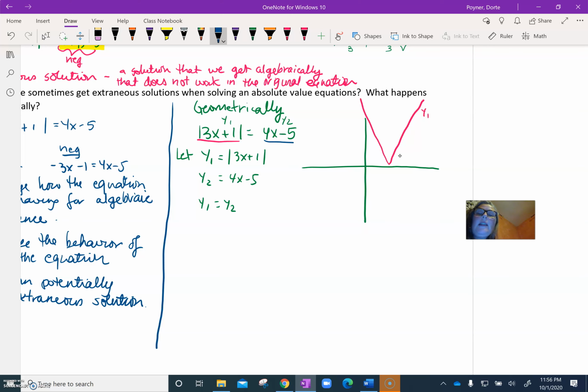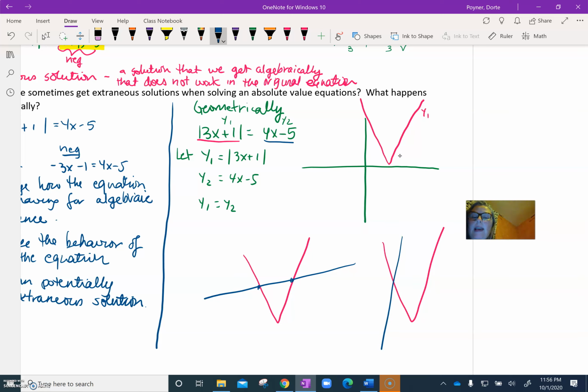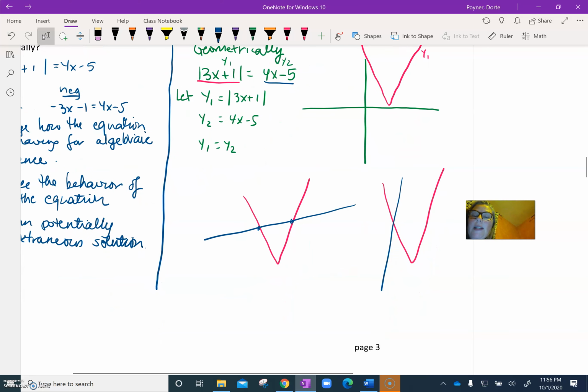So if I'm getting a line here, there's lots of different ways. If you think of a V shape, you end up with the V shape here, and then the line could intersect like this in two places. Or I could have the V shape, the absolute value, and the line could be steeper than the two sides, and it could intersect like that. That means it only has one intersection.